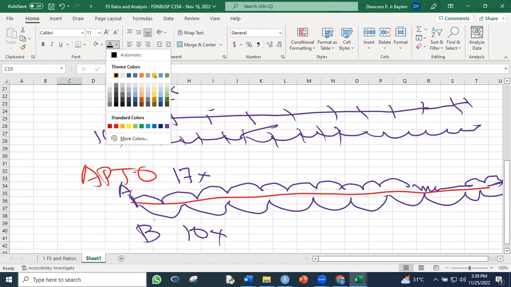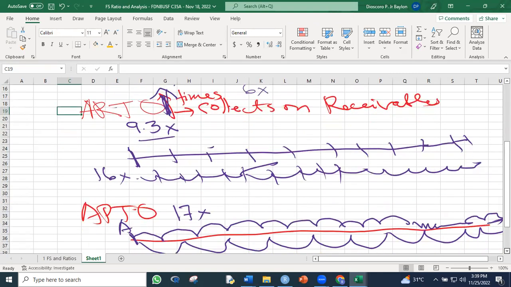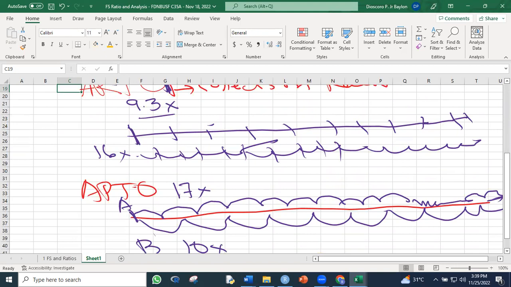Taking a look at APTO, this is 21.5 days. This one cycle here, so this is another 21.5, another 21.5. So each of the 17 times accounts for 21.5 days. Wait, why is this not changing?